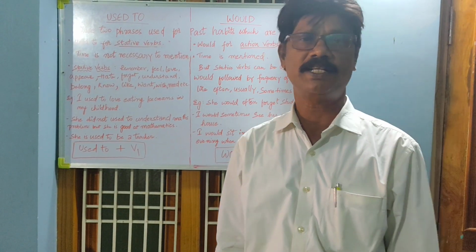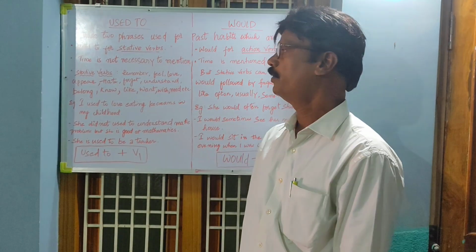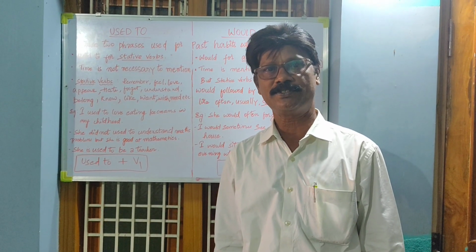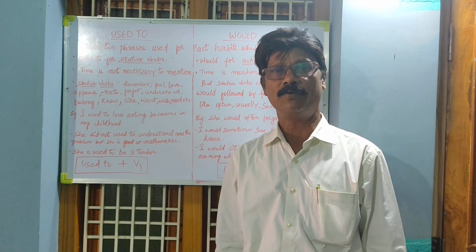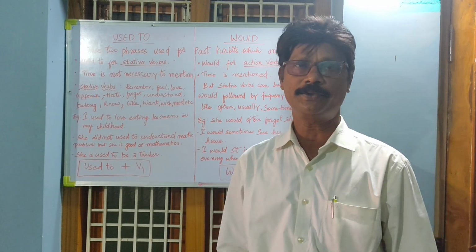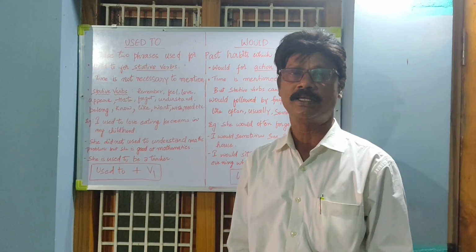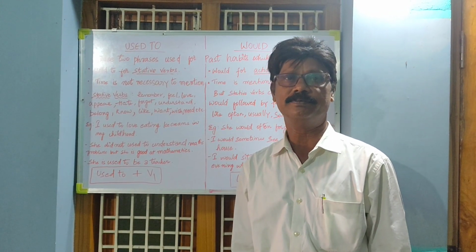Today I am going to explain the phrases used to and would. These two always confuse us, so I want to make it clear where to use used to and where to use would.